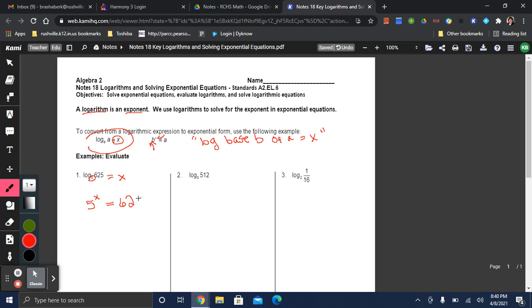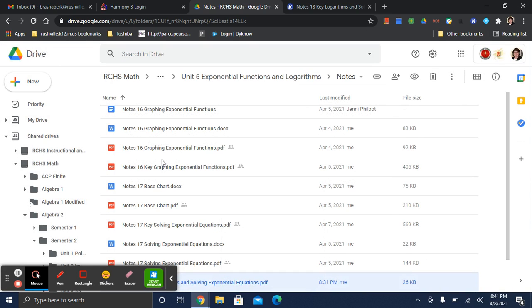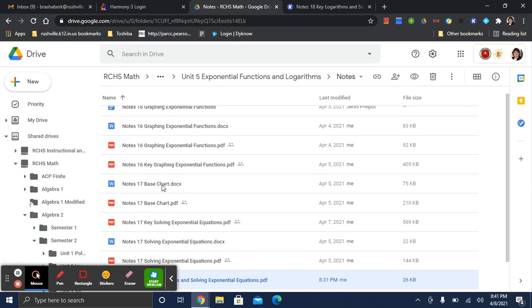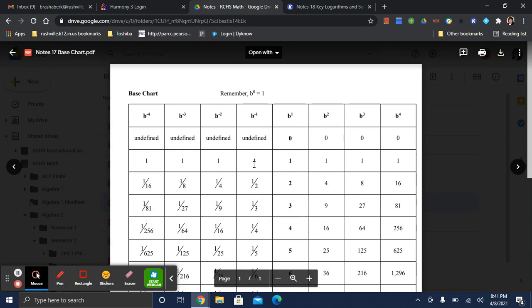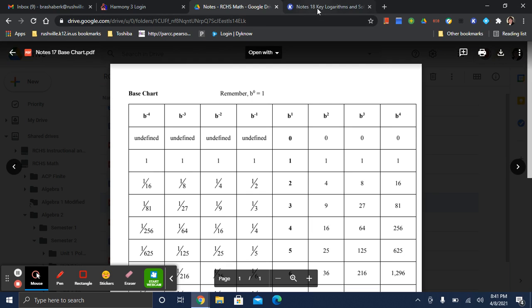And then we're going to solve this equation like we did in the previous day's lesson. So you may need your base chart to look at, and I'll bring that up. So we had 5 and we had 625. Those are both in the 5 row, and 625 is 5 to the 4th power.